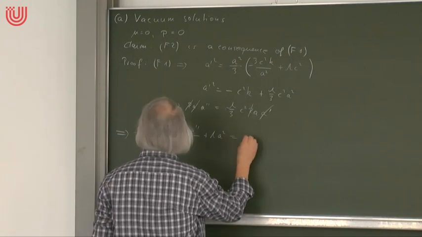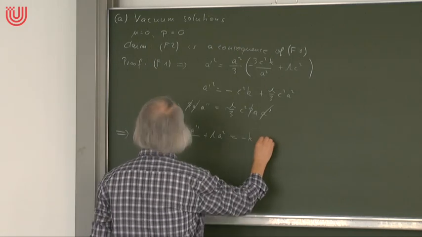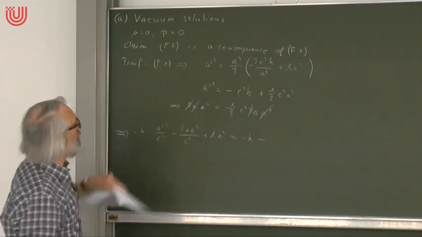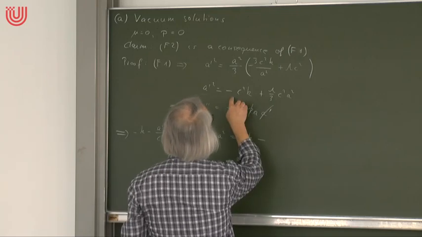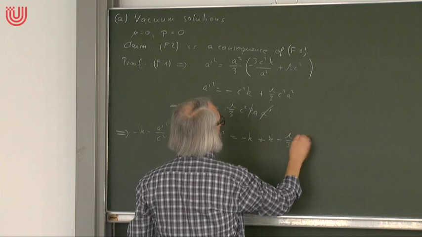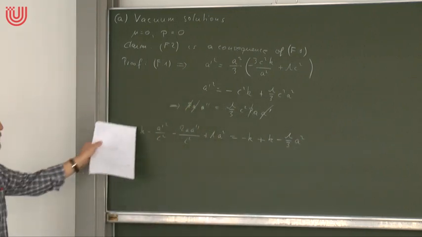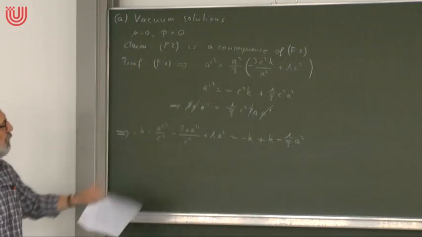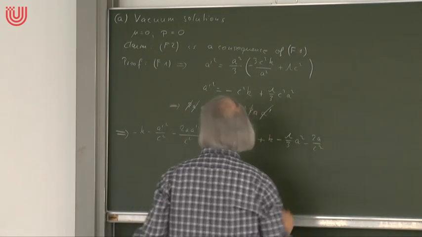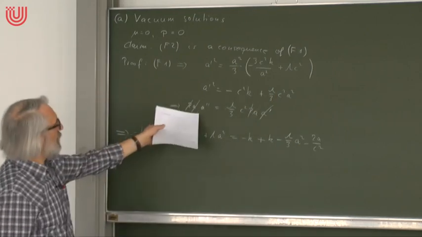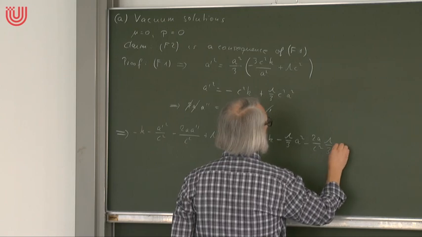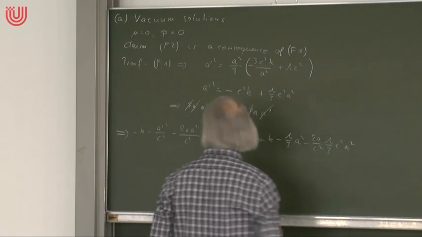So let's insert these expressions. So that's minus k minus a prime squared over c squared, which is plus k minus lambda third a squared. Yeah, that's this term. And then I have minus 2a over c squared times a double prime, and a double prime I've just calculated here, lambda third c squared a.